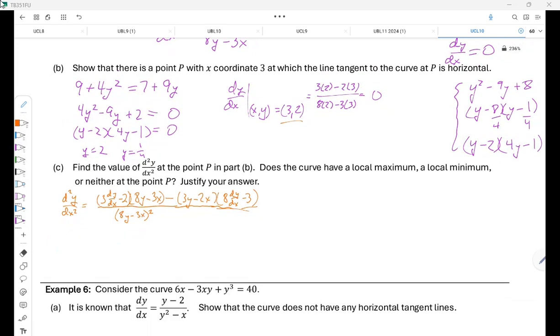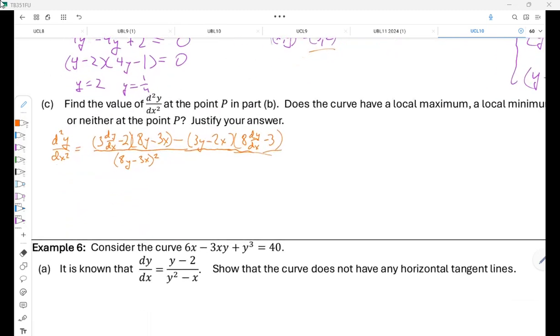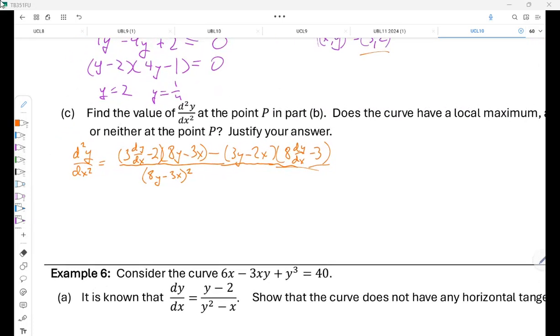So the next thing I want to do, and I think I can zoom in a little bit here now, d squared y dx squared evaluated at x comma y equals 3 comma 2 is going to be 3 times 0 minus 2 times 8 times 3 minus 3 times 2.